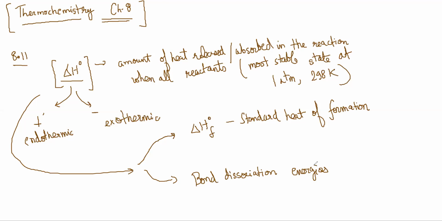We are looking for the overall heat of a reaction, and we can approach it in two different ways, getting that answer. So let's discuss what happens. Suppose you have A plus B gives C plus D, right?